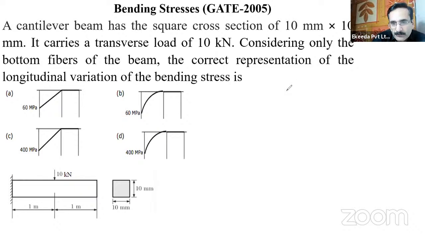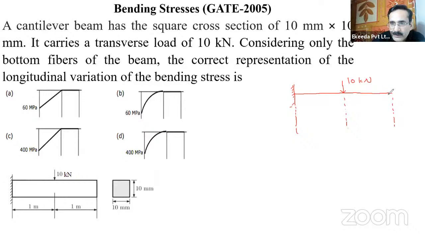So this is our beam. I'm making the beam as a line here. Although beams are never a line, for simplicity we are making a line here. And a 10 kilonewton load is applied here, at the center.